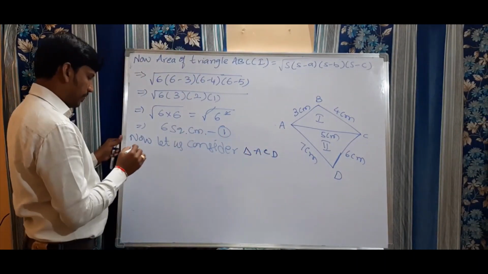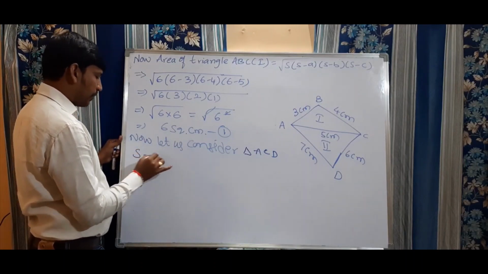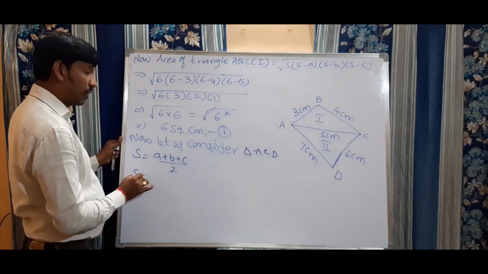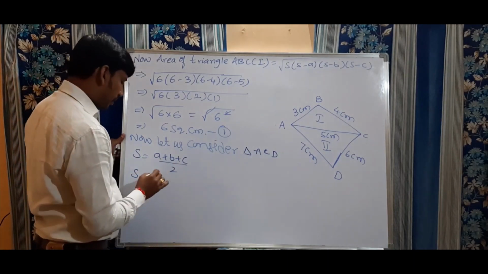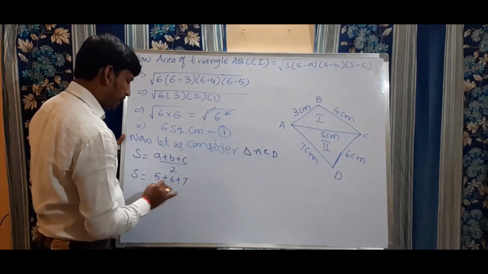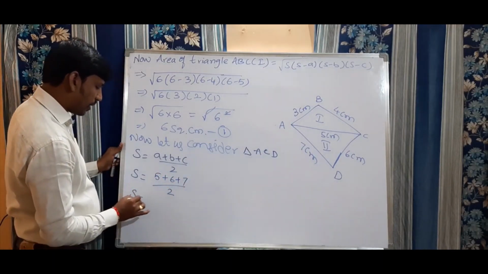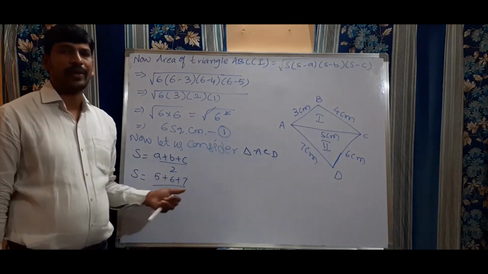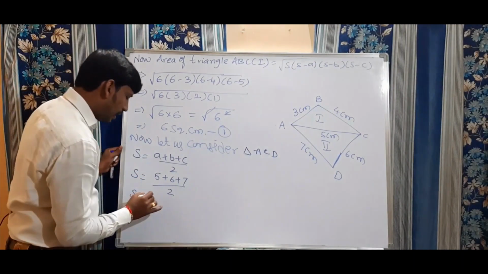In ACD, S is equal to (A plus B plus C) by 2, same formula. Then S is equal to, what is the A value? You can take it as (5 plus 6 plus 7) by 2. Then what is 5 plus 6? 5 plus 6 is equal to 11. 11 plus 7 is 18.